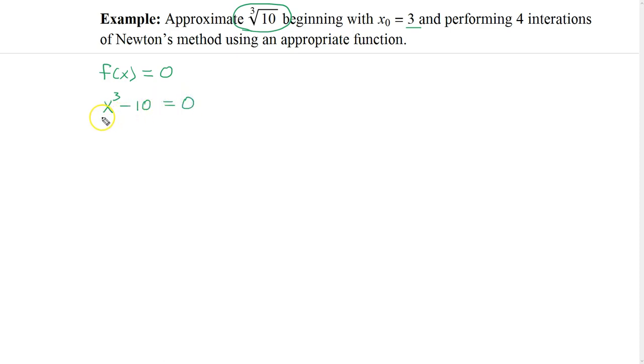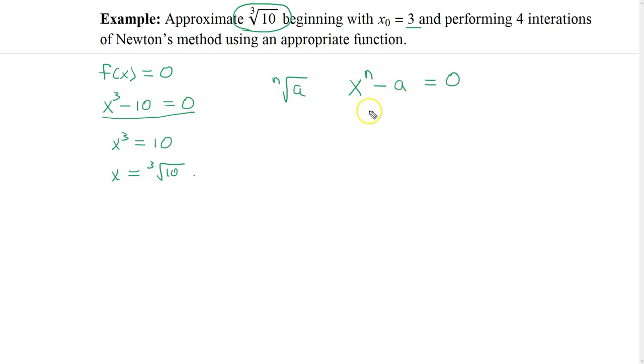You notice if we solve this for x, you take the 10 over, and then you take the cube root of both sides, you get x equals the cube root of 10. So that's the general rule. If you want to find the nth root of a, you can use Newton's method with the function x to the n power minus a equals 0.